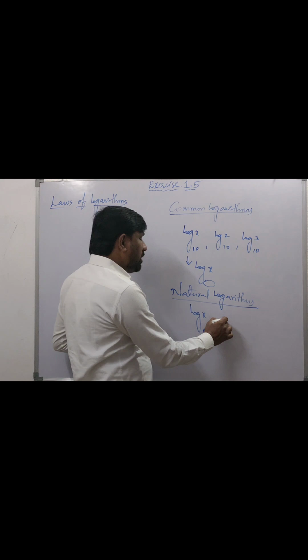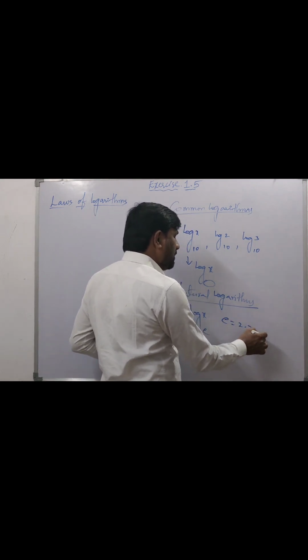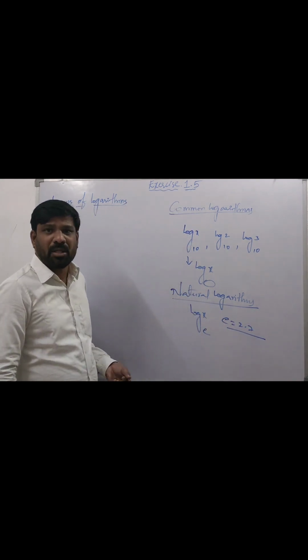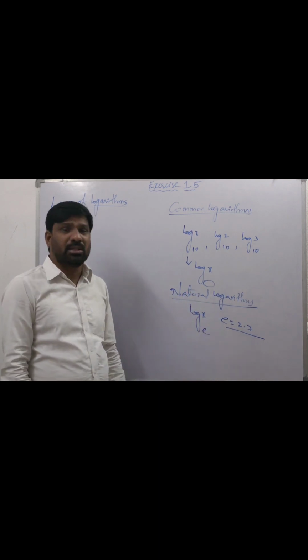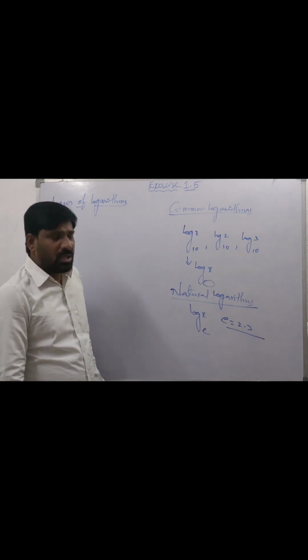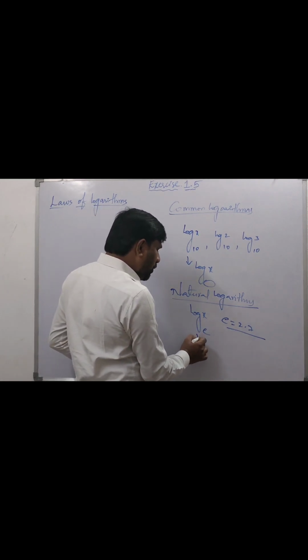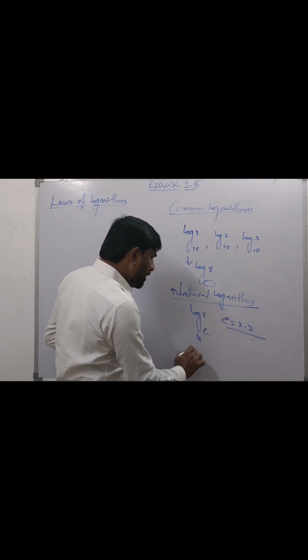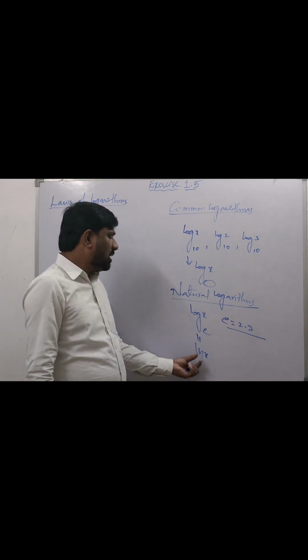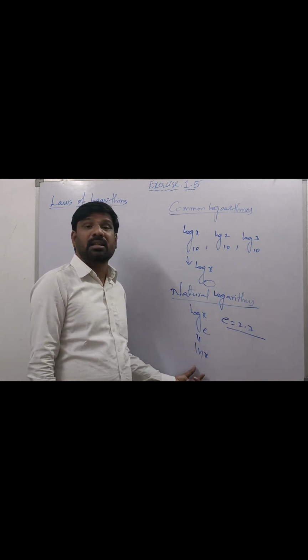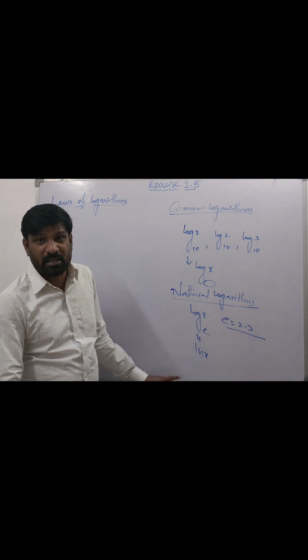Clear? This e value is 2.7 something. In a few cases, log x to the base e is also written as ln x. Ln x means logarithm of x to the base e.